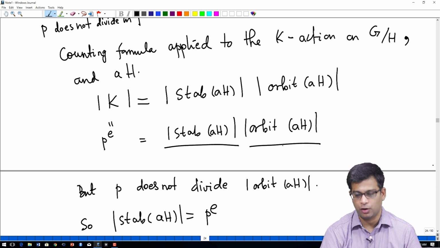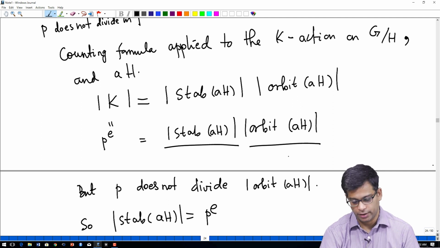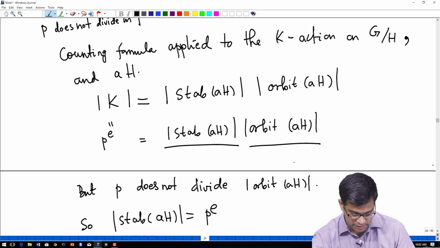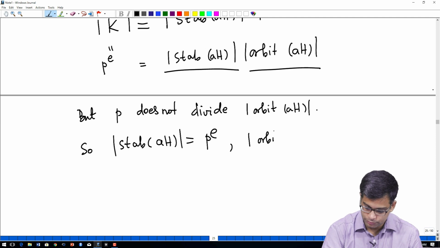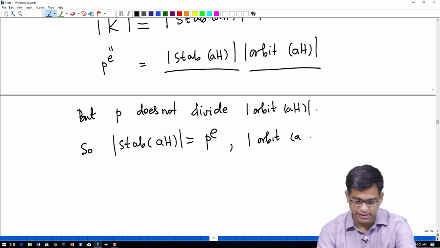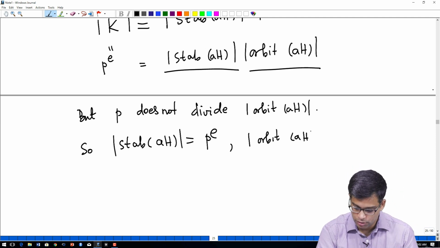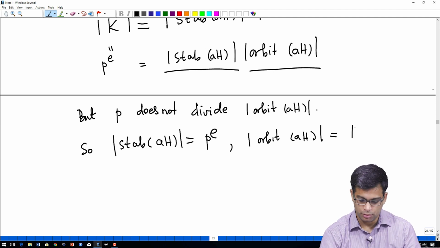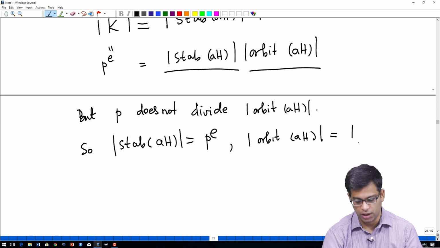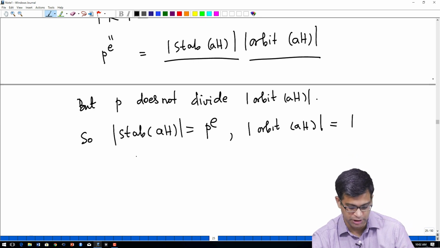The second number cannot be divisible by p, and it of course cannot have any other prime factors, because p is the only prime factor on the left hand side. So, that means all of p^e must be present in the order of the stabilizer of aH. So, the order of the orbit of aH is 1, and the order of the stabilizer of aH is p^e.